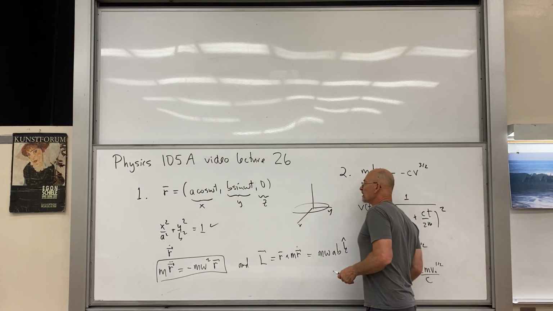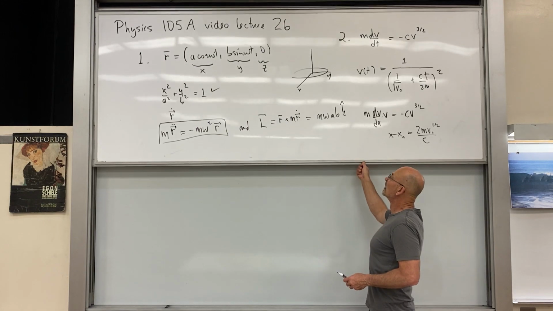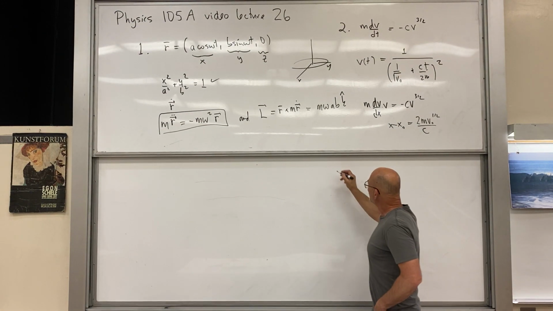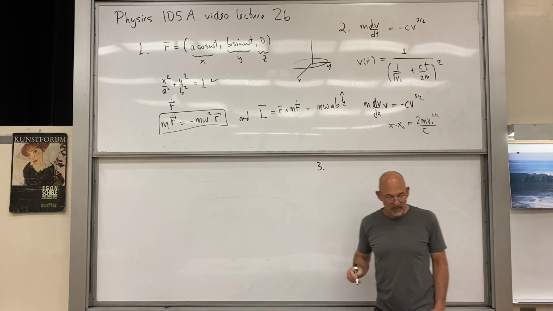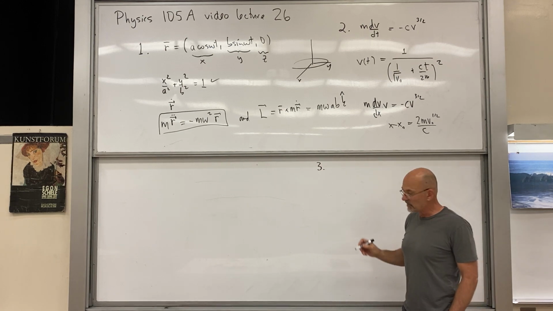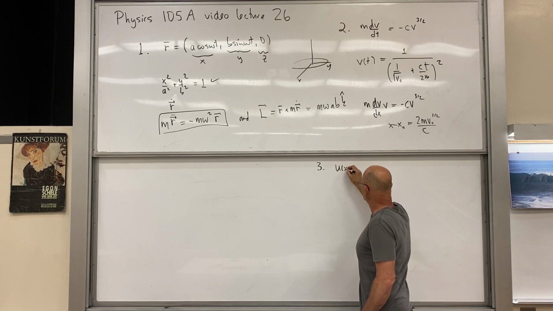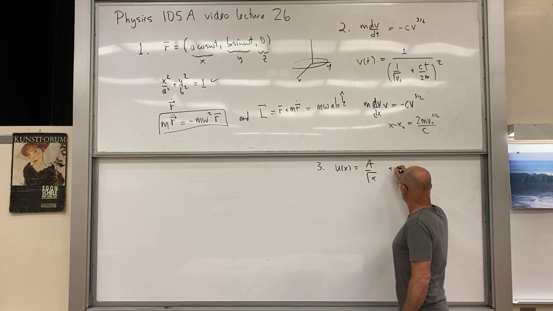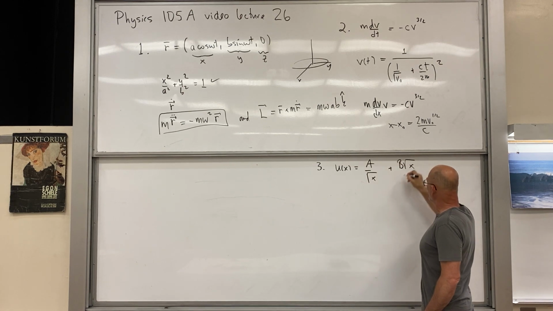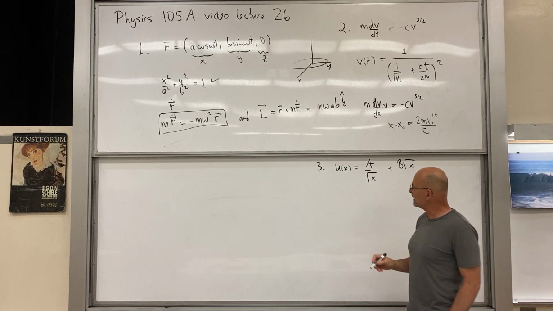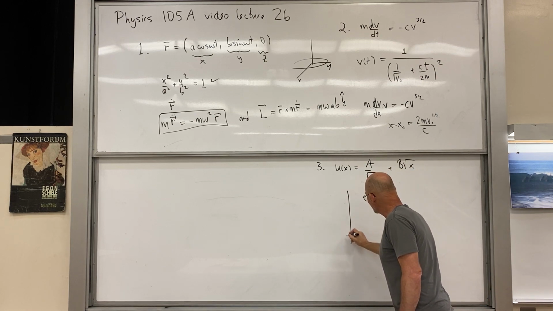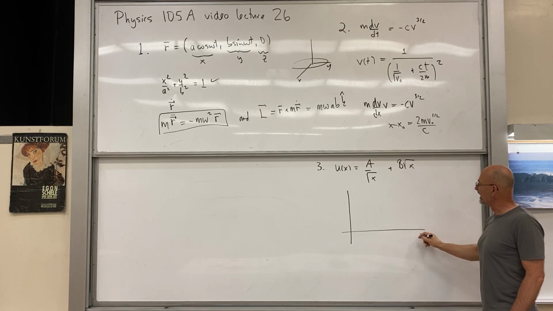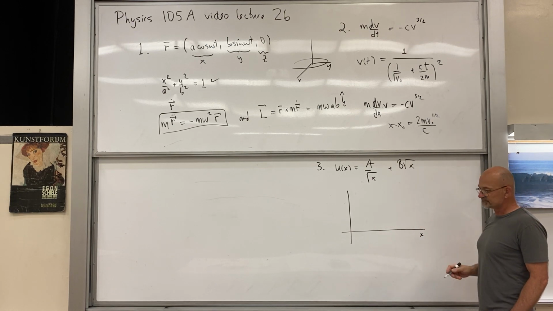Finally, we have problem 3. This is just something that has good shape. We have potential energy A over the root of x plus b times the square root of x. If you want to graph this, we restricted x to the positive axis, and a and b were positive.